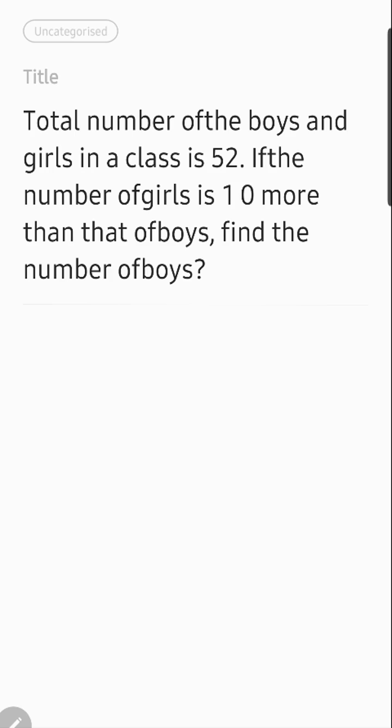Here is a problem: the total number of boys and girls in a class is 52. So total 52 members are there in the class. If the number of girls is 10 more than that of boys, then find the number of boys. After reading the problem carefully, you have to understand what they have given.